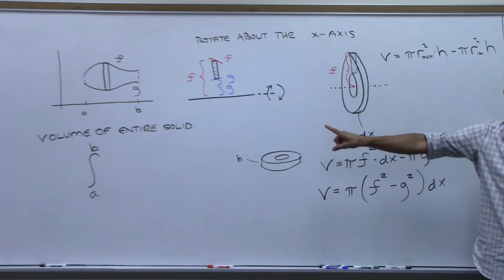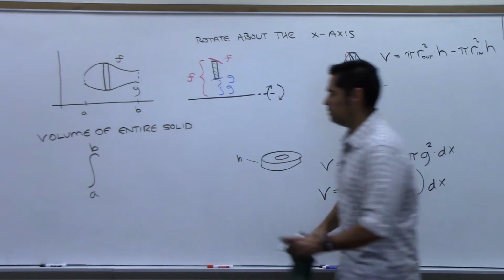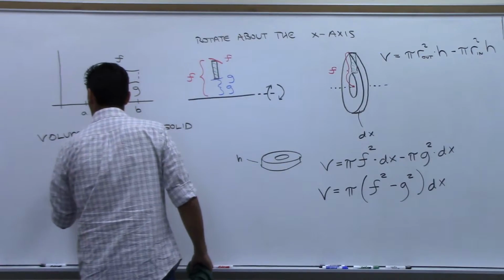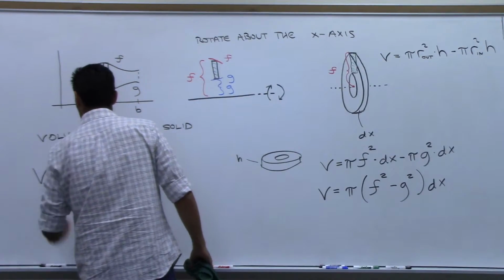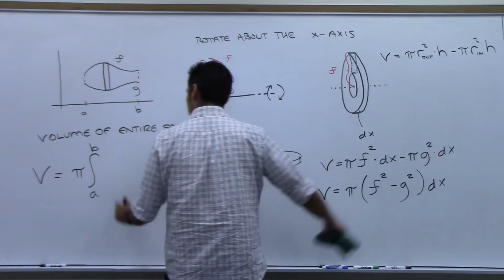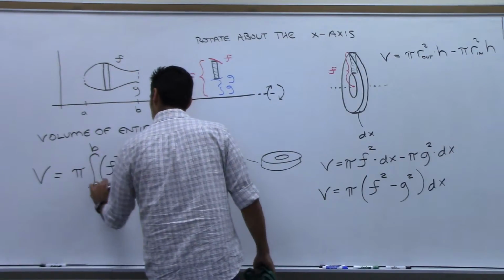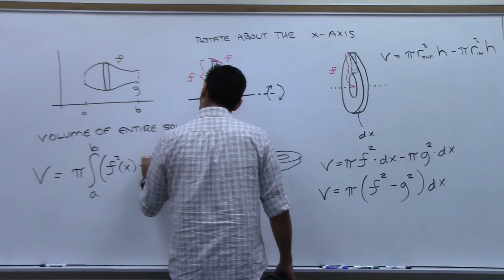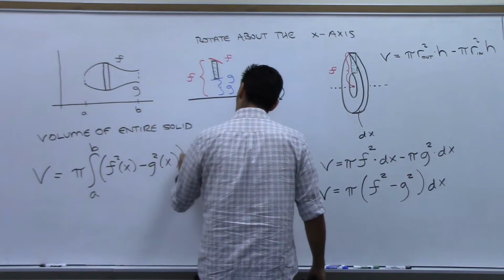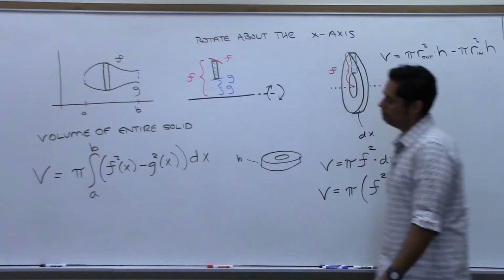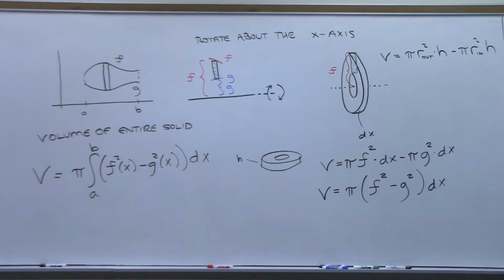So that can come out of the integral completely. V equals pi times the integral from a to b of f of x squared minus g of x squared dx. That's it. That's the formula.